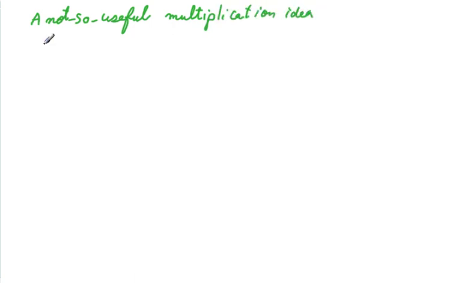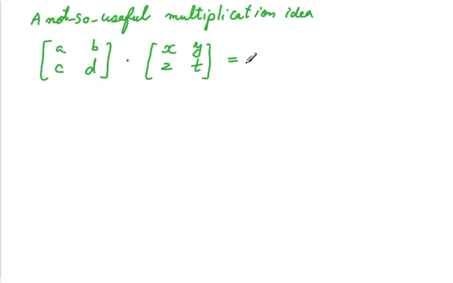is the following. Suppose you had A, B, C, D, and then you had another matrix x, y, z, t. What would have been a naive way of, well, right now there's no reason to call it naive, but it's going to turn out to be a naive way of multiplying these two. Suppose I want to multiply these two matrices.